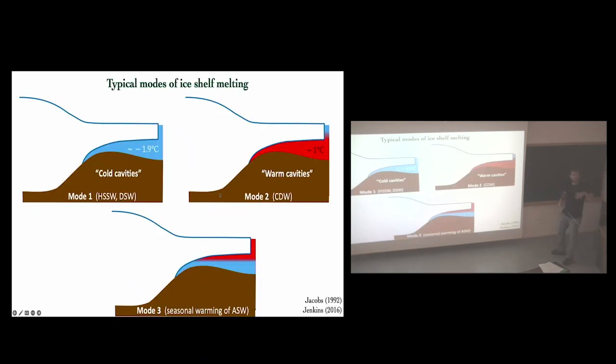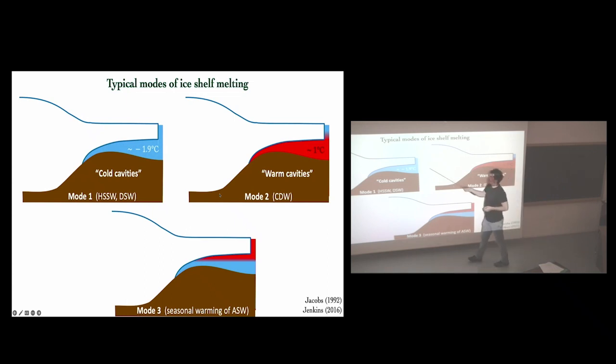Okay, let's go more into the dynamics of melting beneath the cavities. If you want to make it simple, you typically have three kinds of conditions in which you have ice shelf melting. You have what some people call cold cavities, and others call mode 1 melting. For those who are familiar with water masses, it's when you have high salinity shelf water or dense shelf water.